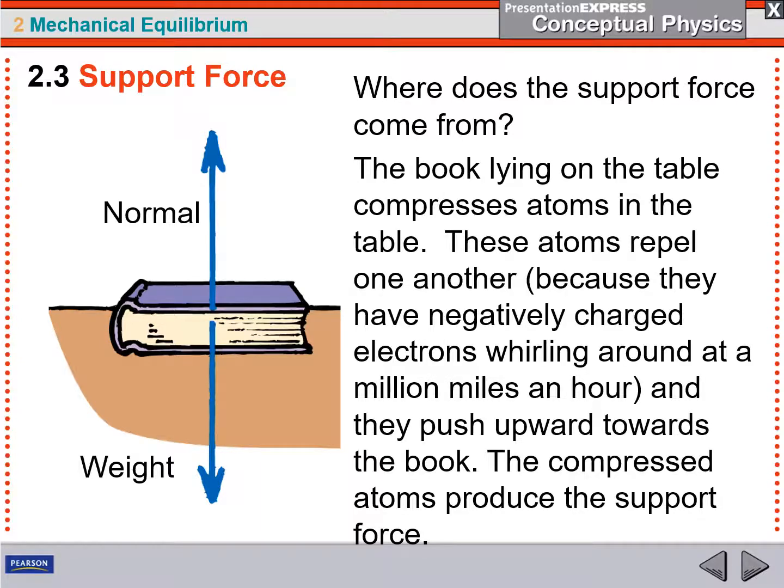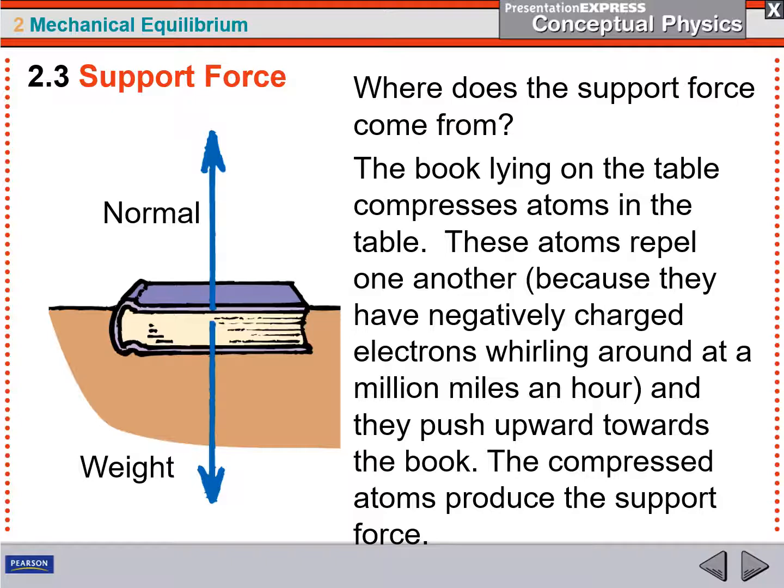That force actually comes from the atomic level. If you could look at a solid object like a table on a very submicroscopic level and see the actual atoms, you would observe that the atoms are not actually touching each other. They might be very close, but not quite touching. They don't touch each other because they have electrons on the outside.